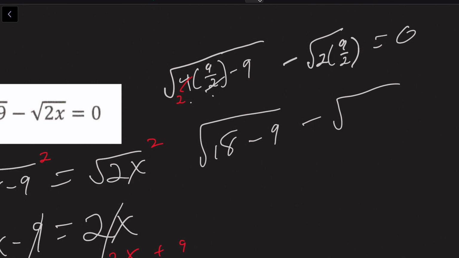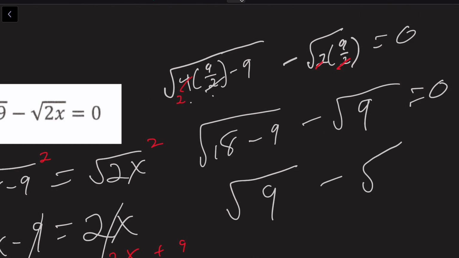So the 2's are going to divide out, and we're going to be left with just 9 in our radical, and that's equal to 0. Square root of 18 minus 9 is just 9, minus the square root of 9 is equal to 0, and this checks out.